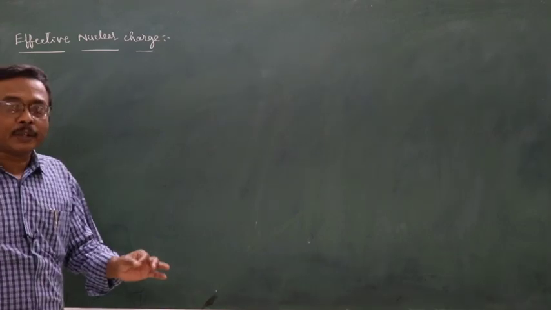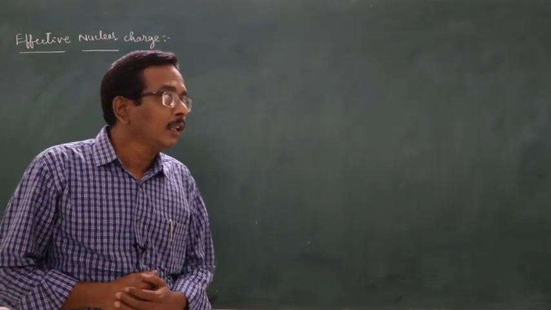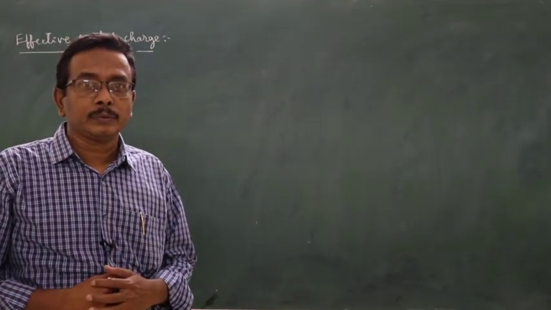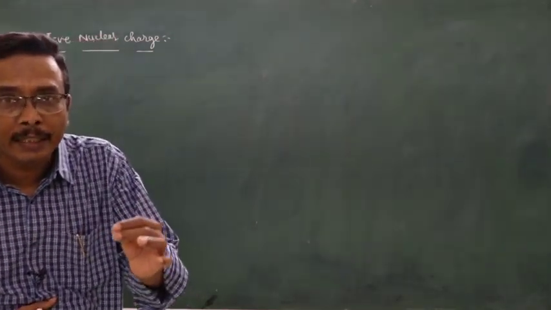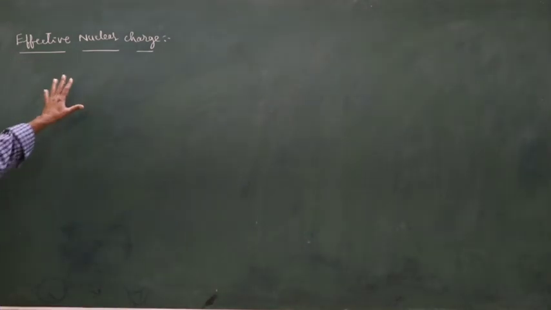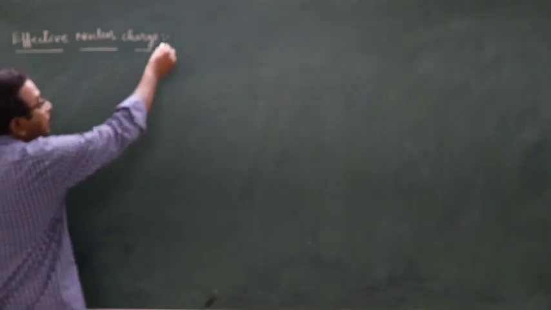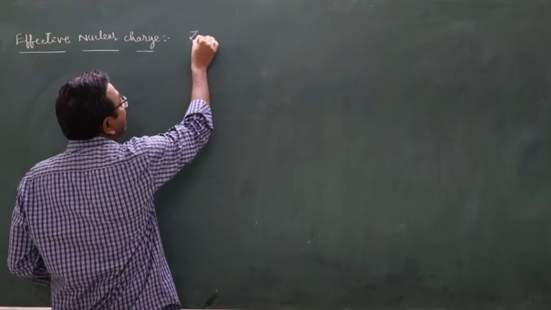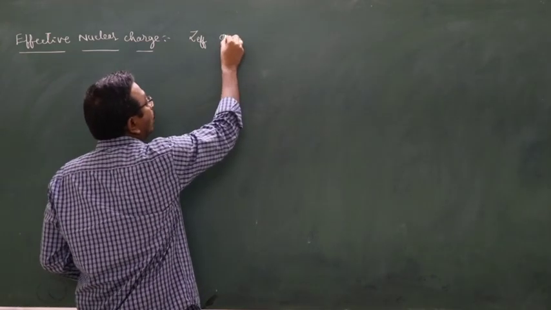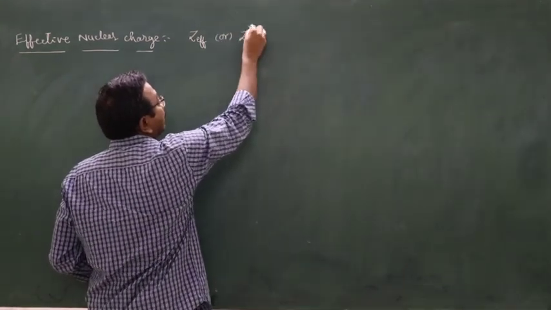Simply, effective nuclear charge is the nuclear attraction per each electron. Nuclear attraction per each electron in an atom is generally referred to as effective nuclear charge. Here, effective nuclear charge is represented by the letters Z effective, or Z star.